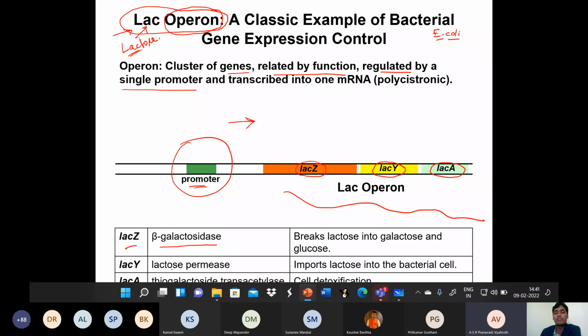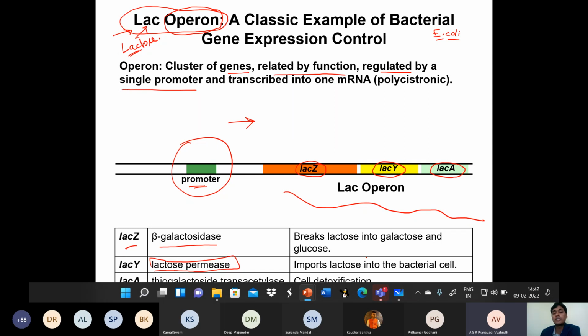So from the name itself, you can get what the function of lactose permease is. It imports lactose molecules into the bacterial cell. Bacteria are unicellular organisms. That means one bacterium is just one cell. They are just moving around in some liquid culture broth or media when you are growing them in the lab.